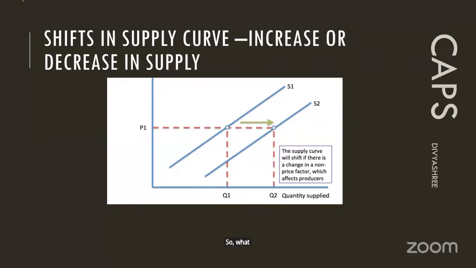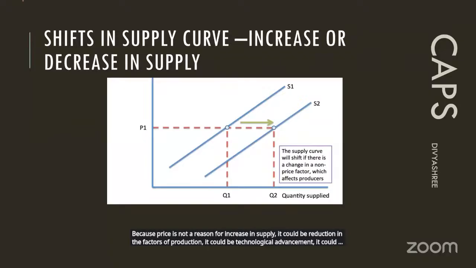So what is the reason for rightward shift? Increase in supply. But what is the reason for increase in supply? Anything but price, because price is not a reason for increase in supply. It could be reduction in the factors of production. It could be technological advancement. It could be government support. It could be good natural factors. It could be anything but not price.